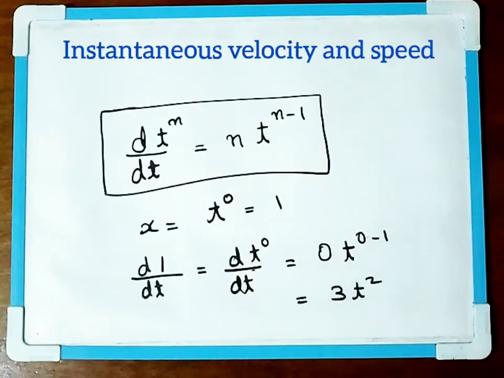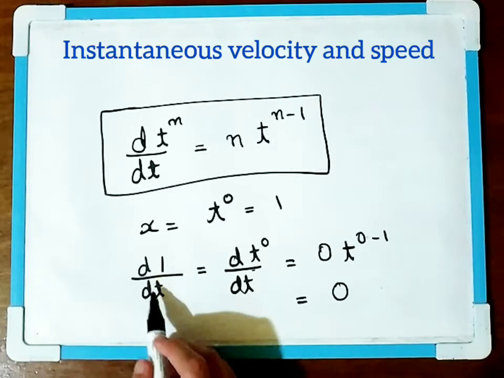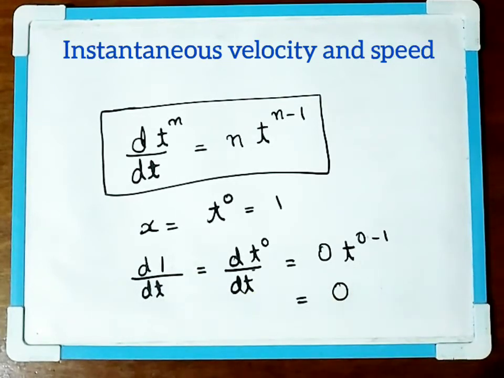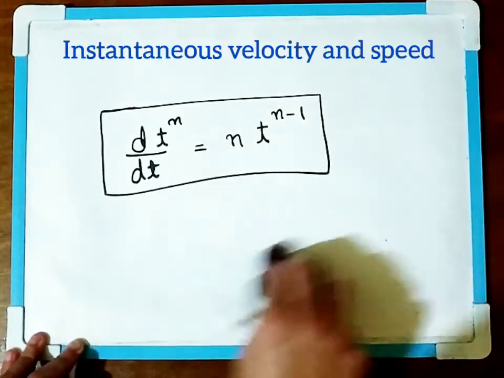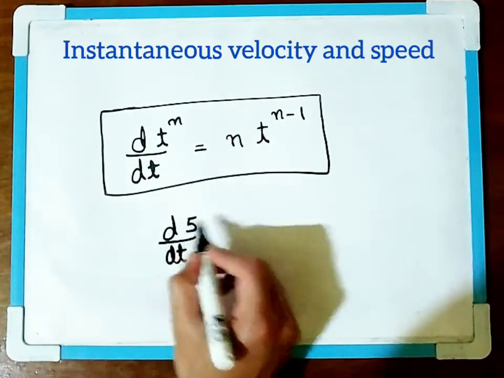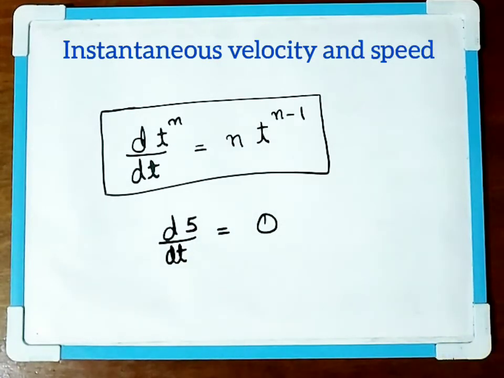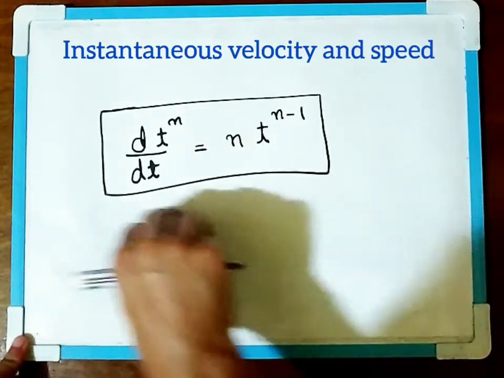So 0 into anything will be 0. So the derivative of this 1 is equal to 0. So from here we learn that the derivative of any constant, be it 1, 2, 3, 4, 5, is always equal to 0. So if we are asked to take the derivative of 5, a constant number, with respect to time, this will be equal to 0. So you need to remember this also. The derivative of any constant is equal to 0.